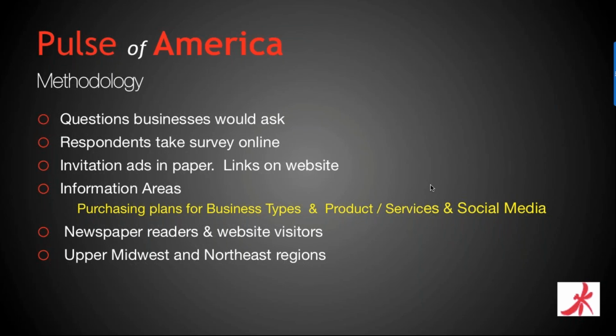What does that mean? If we did a survey over the next few weeks of your audience, asking the Pulse of America questions, furniture store shopping, used cars, real estate, etc., the results would mirror what we have gotten from other publications right in your own area.